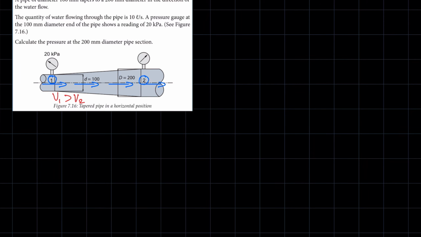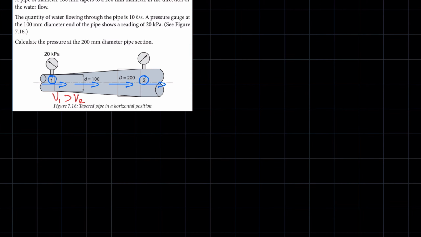So if your answer for V1 is greater than V2, then there's a good chance that you will be right. Now, we can do the same thing with pressure. Remember what Bernoulli's theorem stands for?